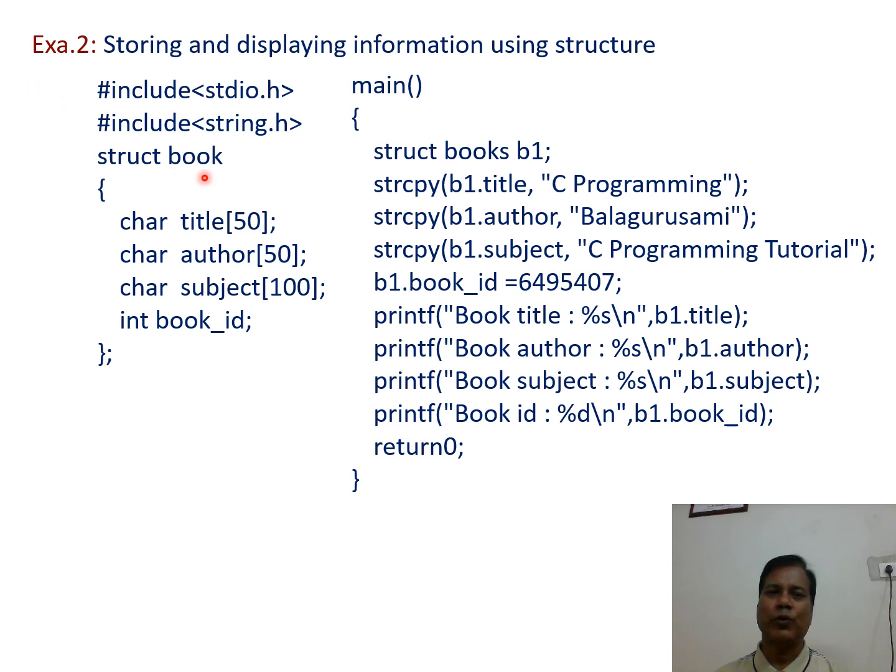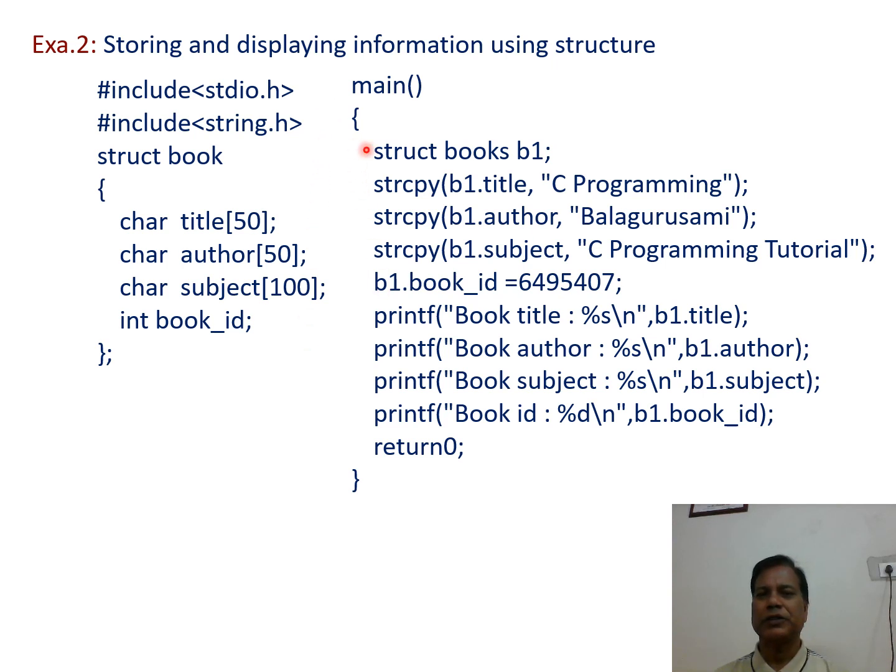Then struct book. This declares a book structure, and it has four member definitions: char title 50, char author 50, char subject 100, int book id. So four members of struct book are there.